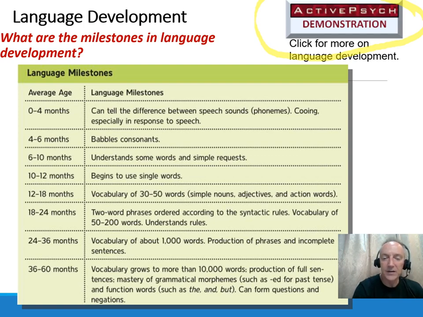So already a baby 6 to 10 months, you can give them simple commands. Hand daddy the diaper, come here. They would understand that and maybe be able to follow those directions, even though those are statements they can't say themselves. Most kids are saying their first real words by their first birthday.